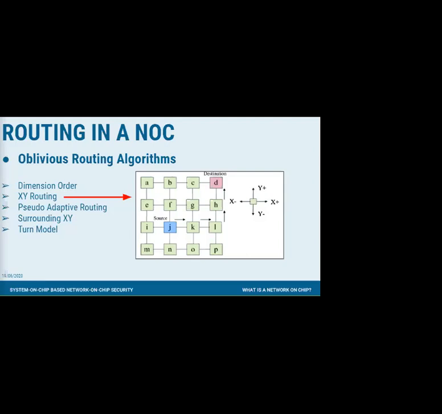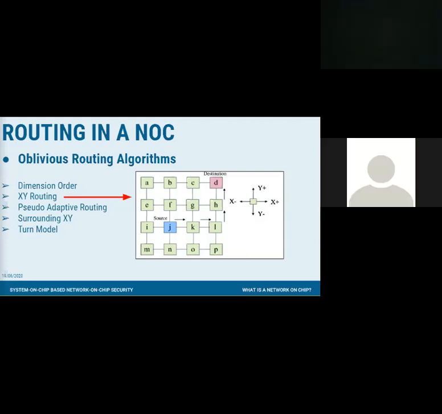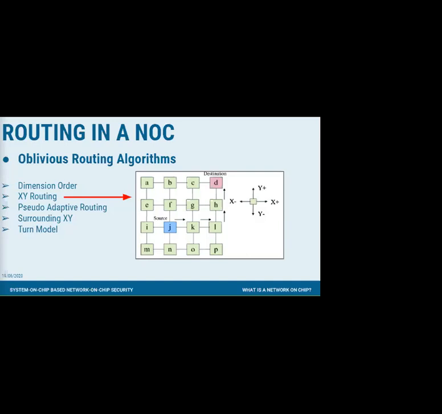So the routing protocols are classified into different architectures. One is deterministic routing protocols, another is adaptive routing protocols, and another is oblivious routing algorithms. In deterministic routing, each packet traversing from the source to destination follows the same path. XY routing, which is under oblivious routing algorithms, is one of the common examples of deterministic routing.